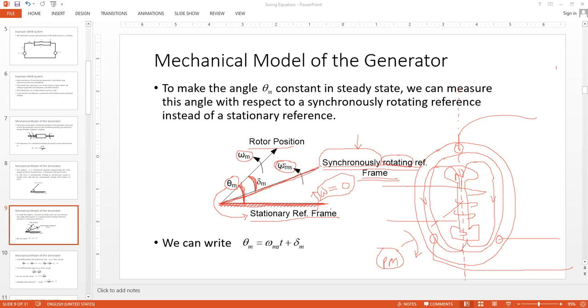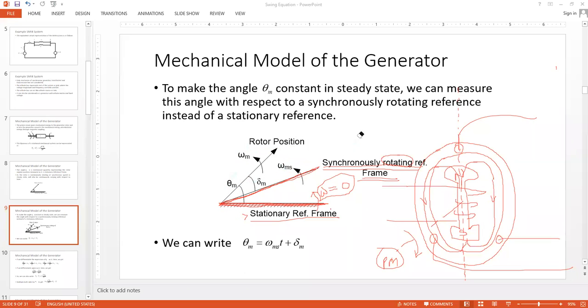Omega ms is the speed of the synchronously rotating reference frame. And delta m is also rotor position, but measured with respect to the rotating reference frame. These are the descriptions of all these notations. Now, can we relate theta m and delta m? Is there any way to relate these two?